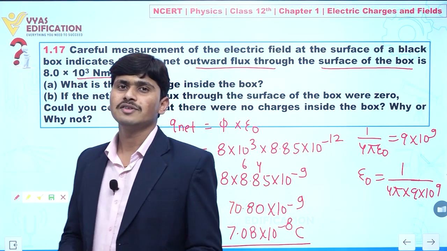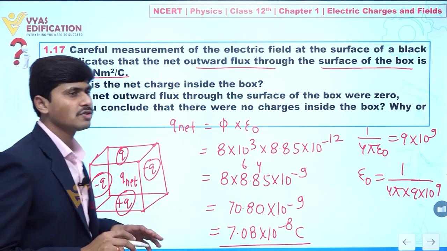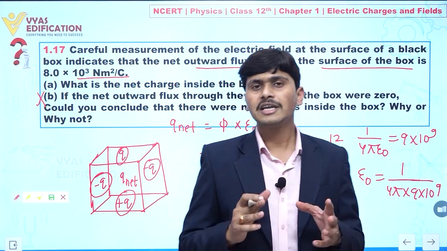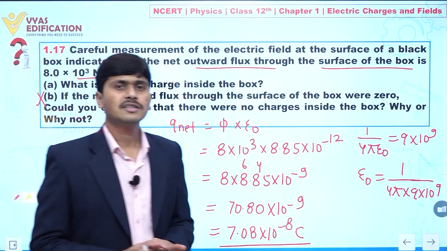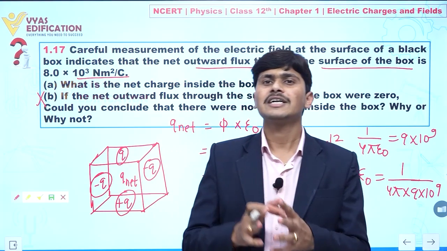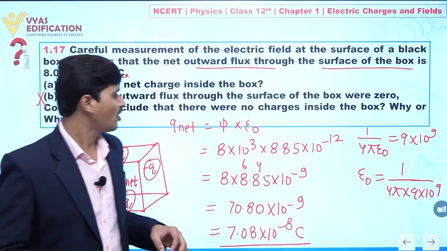So this statement is actually wrong. If the net flux is 0, we cannot say definitely there is no charge present in the black box. It may be possible that the net charge present in the black box becomes 0. So this is all about this question.